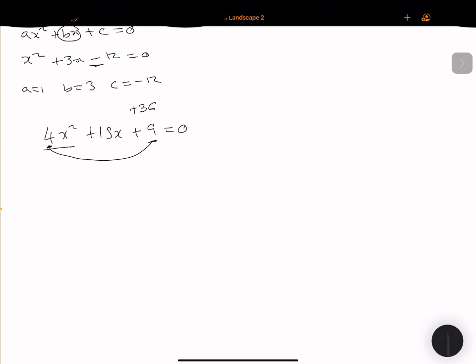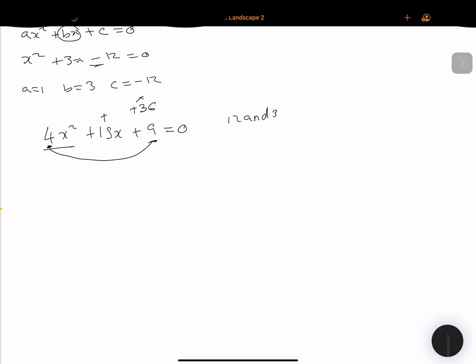Now we're going to do what adds to make that and times to make that still. Okay. So what adds to make that and times to make that: 12 and 3. Yeah, 12 and 3.